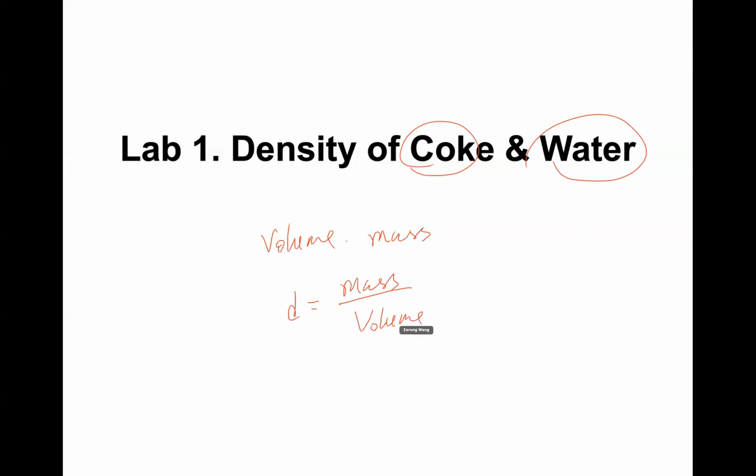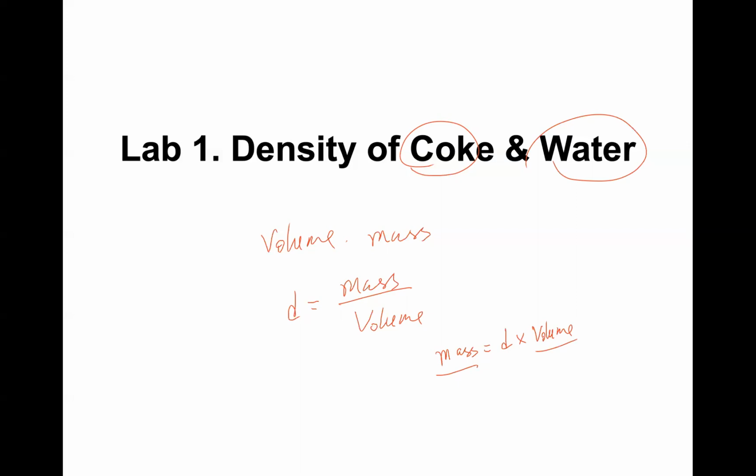So according to that, if we rearrange this equation, we can write it as mass equals density multiplied by the volume. And from here, we know the mass and the volume are linearly proportional.